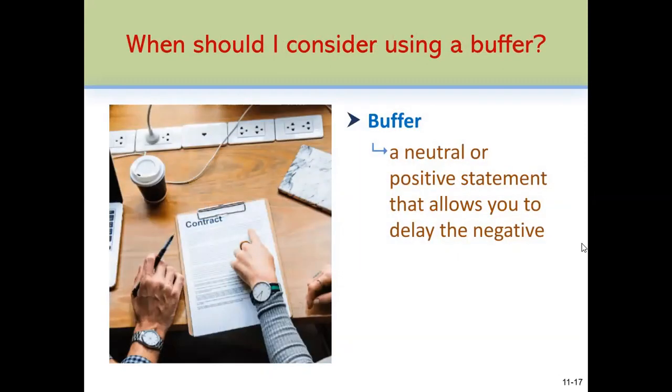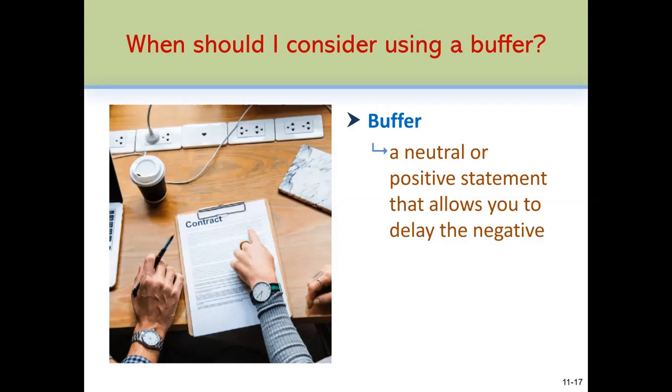When should I consider using a buffer? Now we are going into the fourth of our learning objectives. We talk about the buffer. If you remember, a buffer means that you start with a positive statement about someone. The first paragraph is a neutral or positive opening that does not reveal the bad news. That's the opening buffer.